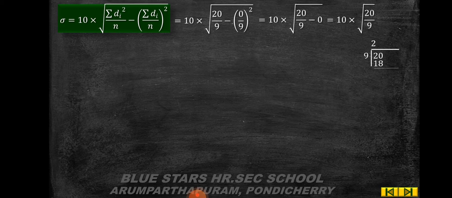So 9 divided by 20, you get 2 times 18, remainder 2. Then put the decimal, add 1 0. Again 2 times 18, it goes on, which is equal to 10 into root of 2.222.